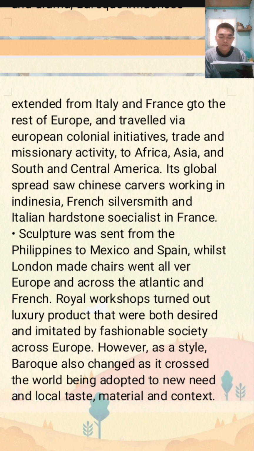Sculpture was sent from the Philippines to Mexico and Spain, whilst London-made chairs went all over Europe and across the Atlantic, and the French Royal Workshop turned out luxury products that were both desired and imitated by fashionable society across Europe. However, as a style, Baroque also changed as it crossed the world, being adapted to new needs and local taste, materials, and context.